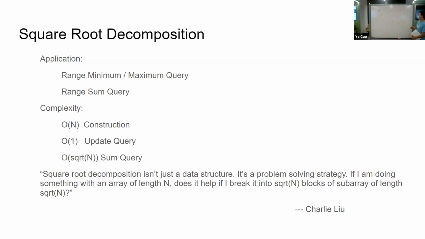Using this method, each small segment will have size 3. If we break it, the first 3 elements will be one small segment, the second small segment will be from 3 to 5, and the last segment will be from 6 to 8.